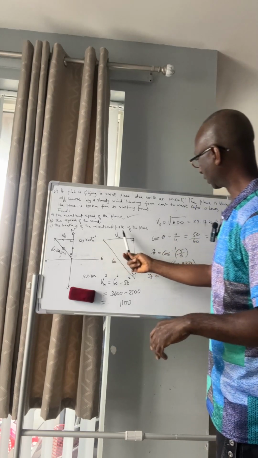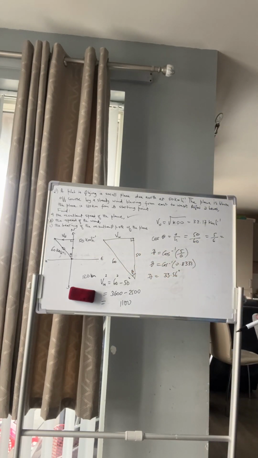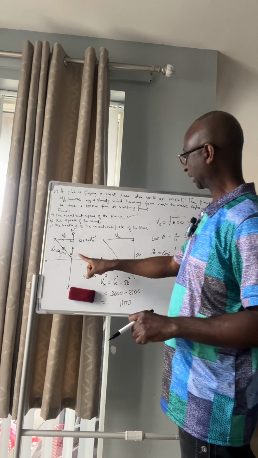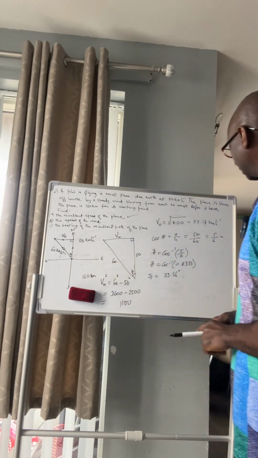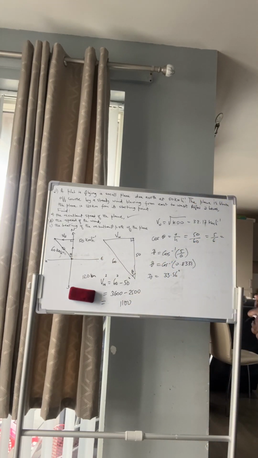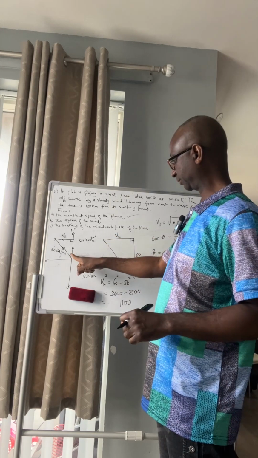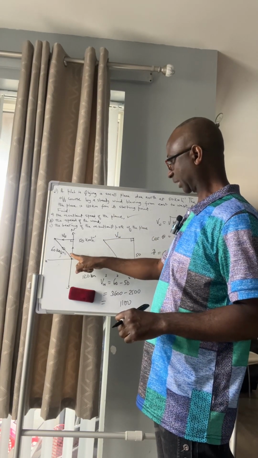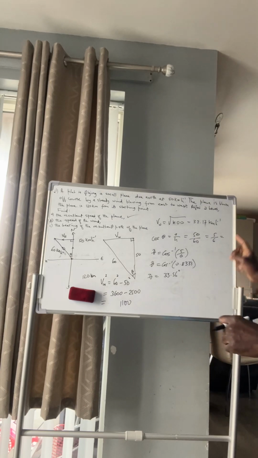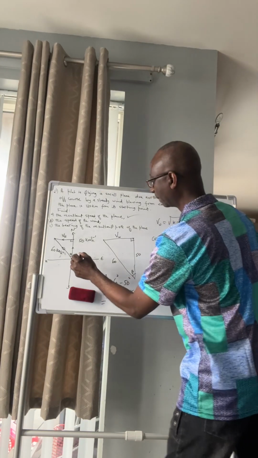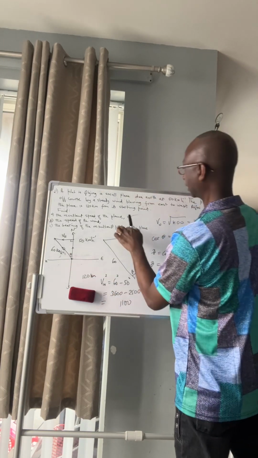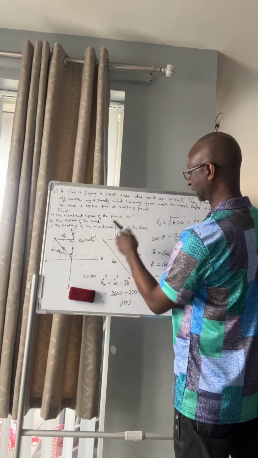That is the bearing of the resultant path of the plane, 33.56 degrees. That is for this theta. But what they want you to find is the bearing of the resultant's path.